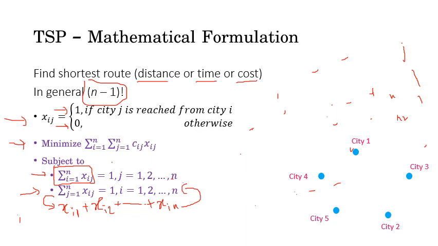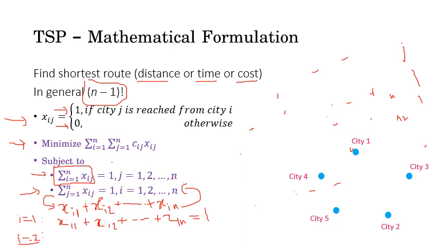So for i equals to 1, this equation becomes x11 plus x12 plus and so on up to plus x1n equals to 1. So what this means is that I can write the equations for i equal to 2 and so on, but only one equation is sufficient to make the point.